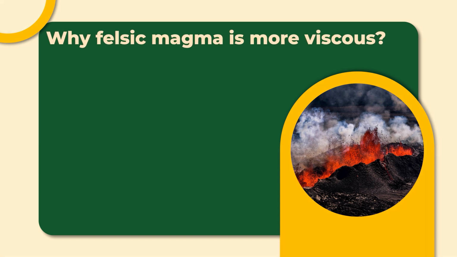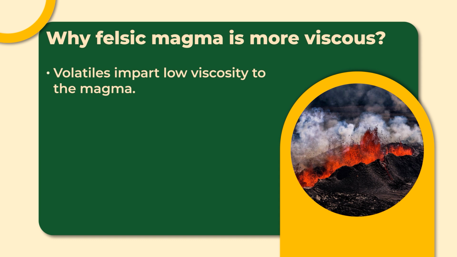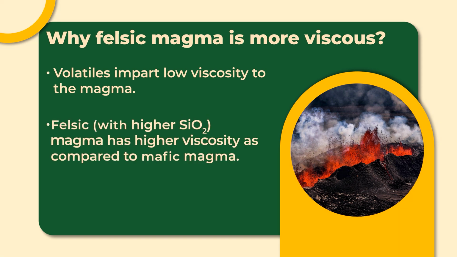Now, why do you think felsic magma, as I told you in the previous slide, has high viscosity? Because it has a higher silica oxide percentage, and therefore higher viscosity as compared to mafic magma.